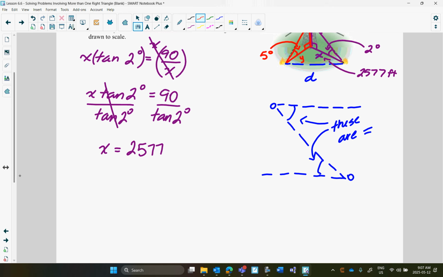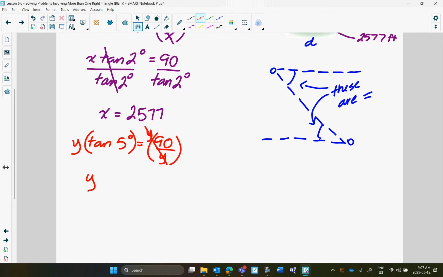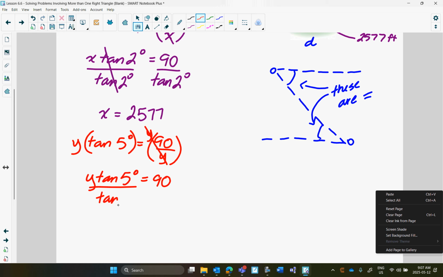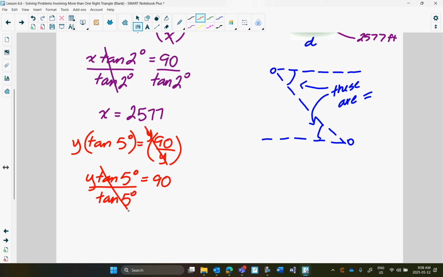So the equation is going to look like tan 5 degrees equals 90 over Y. Times both sides by Y. Get Y tan 5 degrees is equal to 90. Divide both sides by tan 5 degrees to get Y by itself.